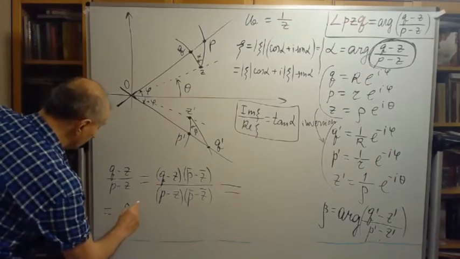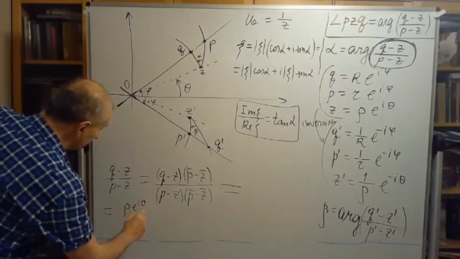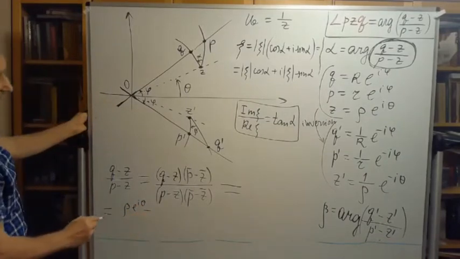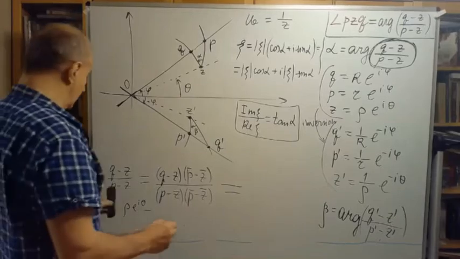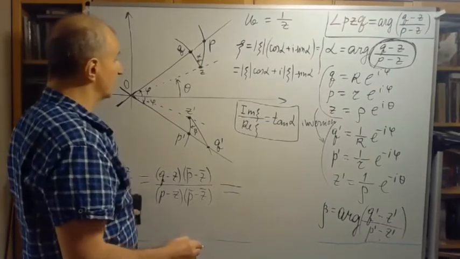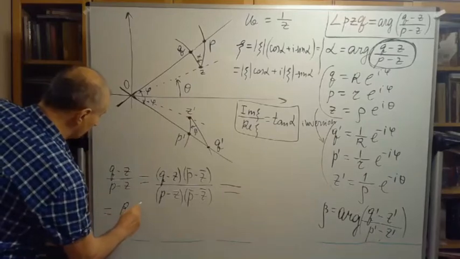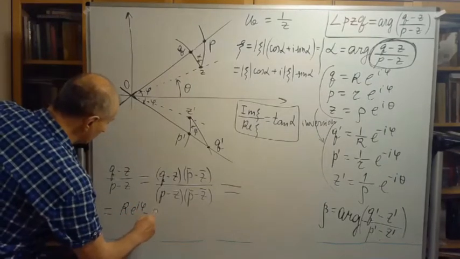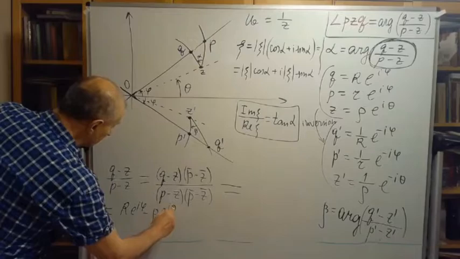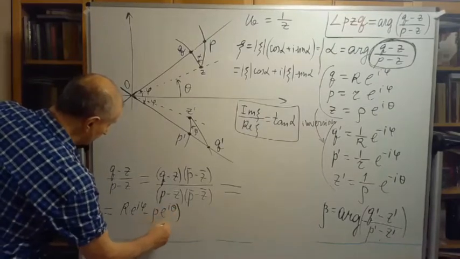So it will be now q - z, where z is rho e to the power i theta, and q is r e to the power i phi. So q - z is r e to the power i phi minus rho e to the power i theta.